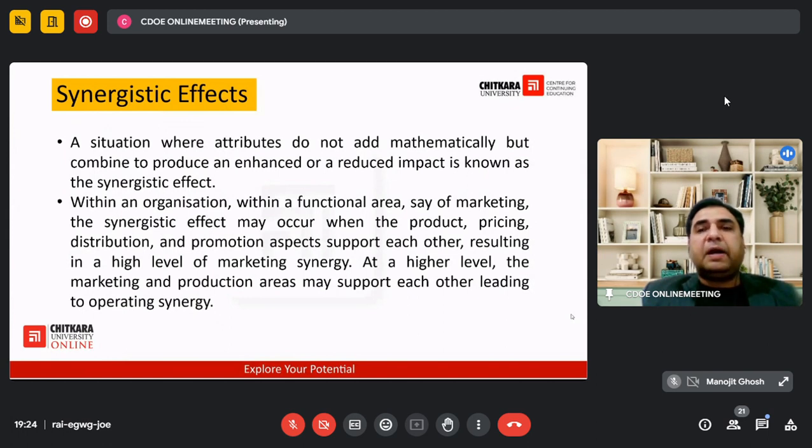Suppose I take the example of marketing. I am going to come up with a new model of a product, but I have an inventory of my previous model, which I created in the previous year. So I suddenly came up with one pricing strategy, that is to penetrate. How do we penetrate? We try to reduce the price of a product and we penetrate.